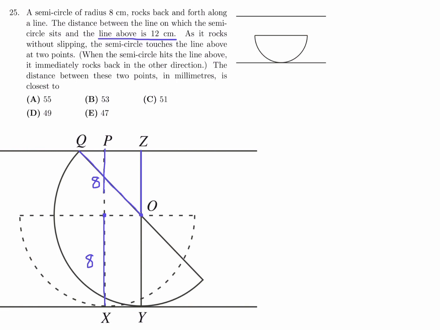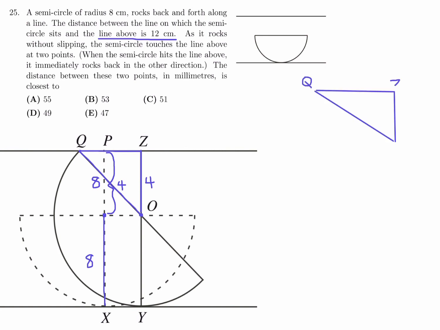So that means that P all the way to the bottom is 12. So that means that this distance is 12 minus 8, which is 4. And therefore OZ will also be 4. So let's draw this triangle QZO on the side here to avoid making this diagram messy.